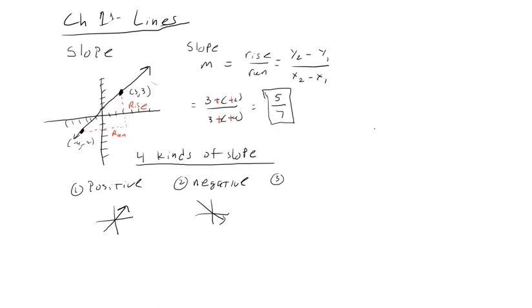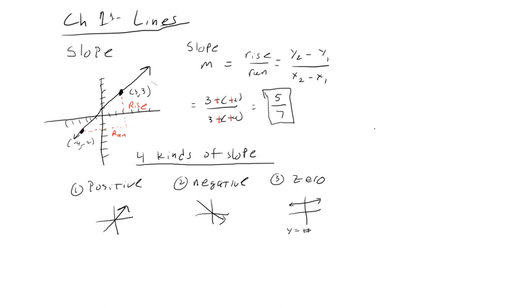There is a zero slope, right? And that is a straight, flat line. The equation of these is like y equals some number. So that's 3 slopes.